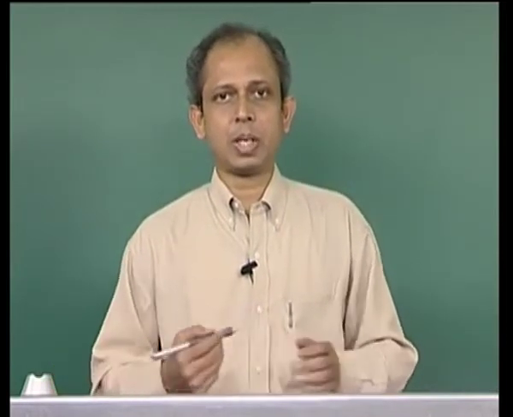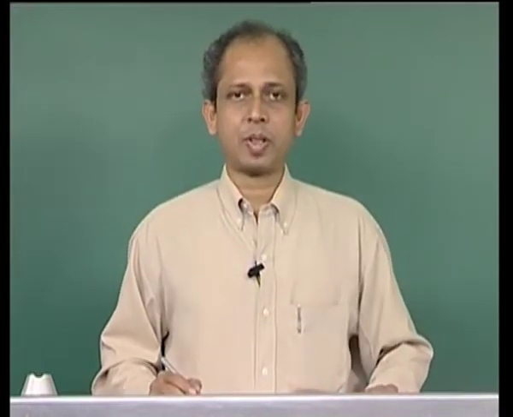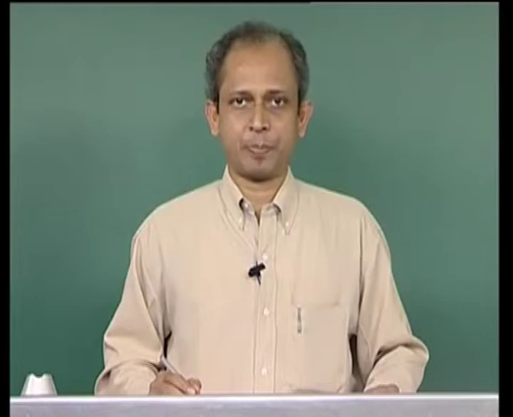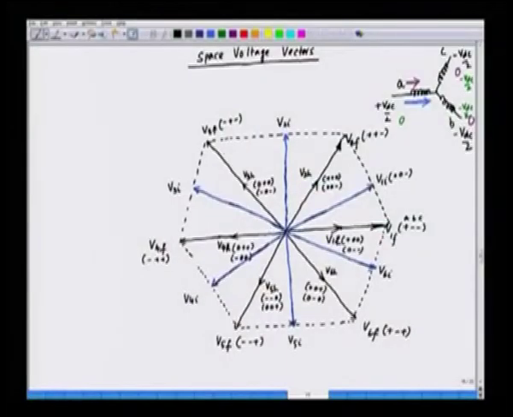Say for example, in between 2 and 3, V2F and V3F, we have V2I. So, when we switch from V2F to V3F, we have plus plus minus to minus plus minus. So, the intermediate state is 0 plus minus. So, we have to go through this state to reach V3F.